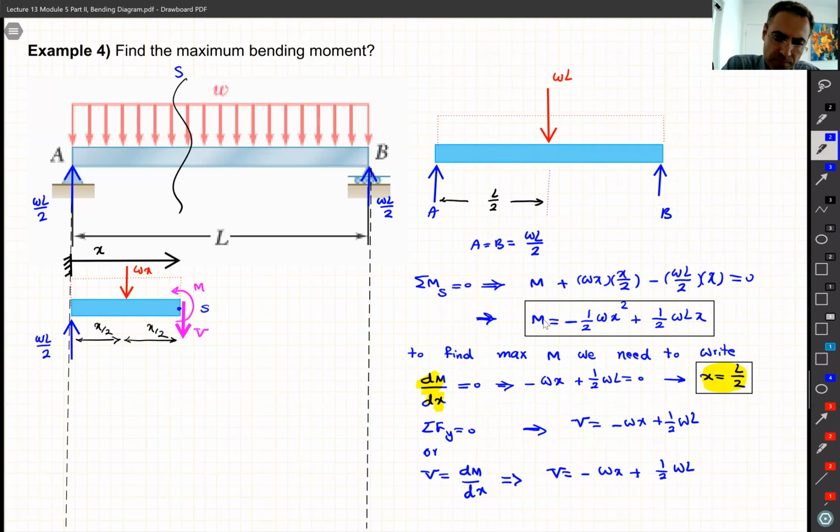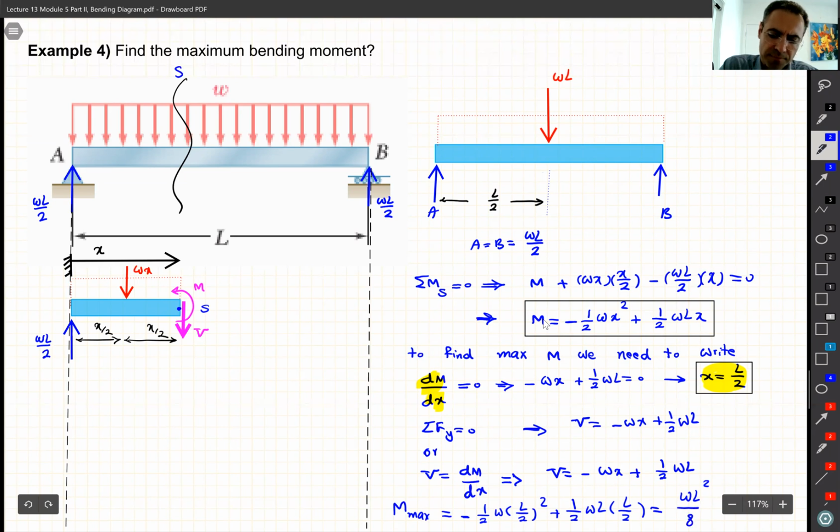M maximum is equal to half of W L divided by 2 plus half of WL times L. If I simplify it, it's going to give me WL squared divided by 8.